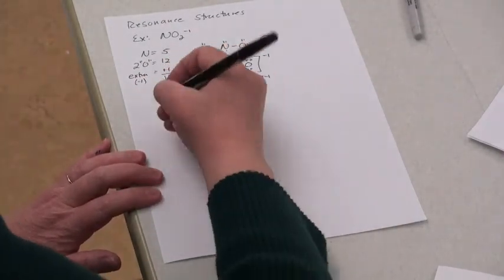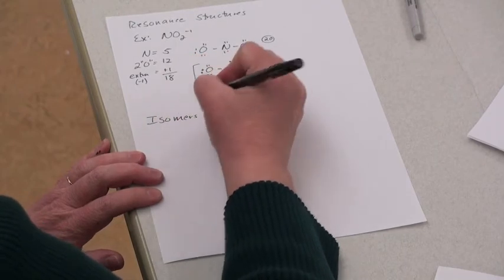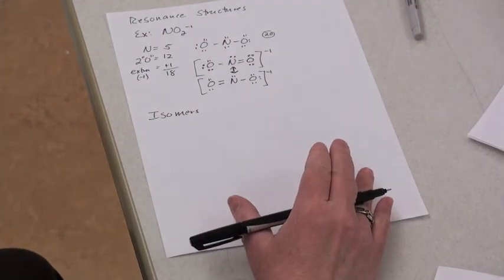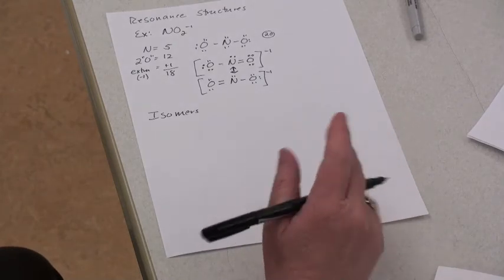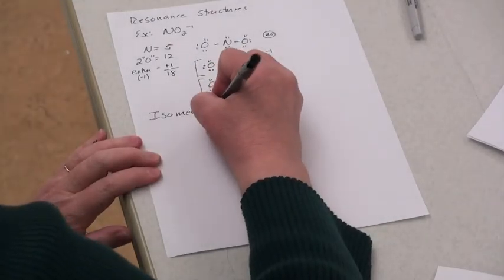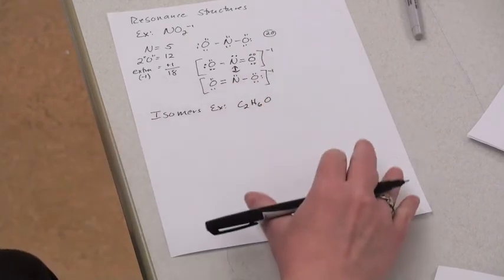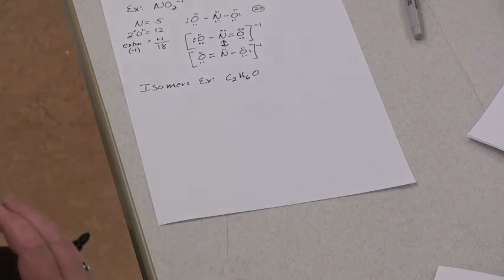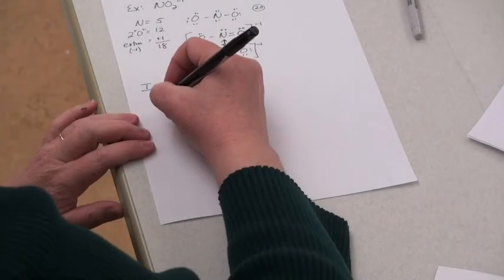The other idea is called isomers. And these are atoms of the same chemical formula that have totally different structures. And I'd like to show, for example, C2H6O. There's 2 possible ways to write this molecule. Actually, there's probably more than that, but there's 2 that are really common.